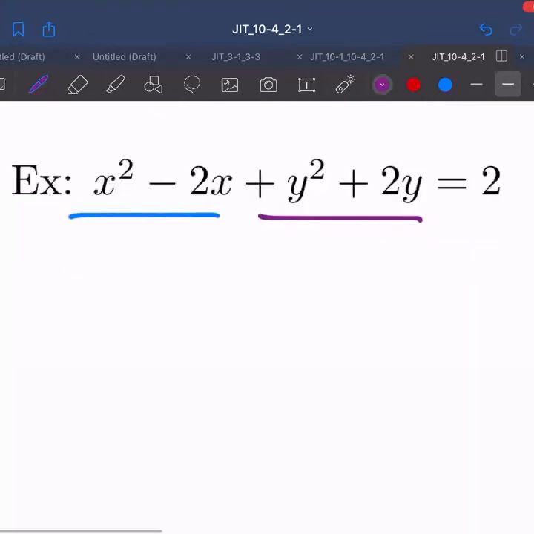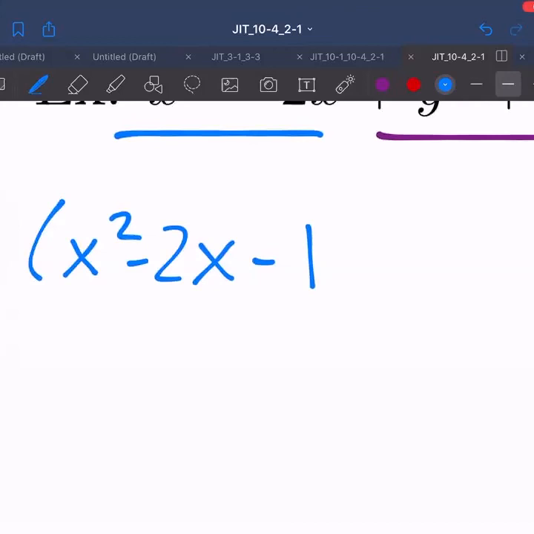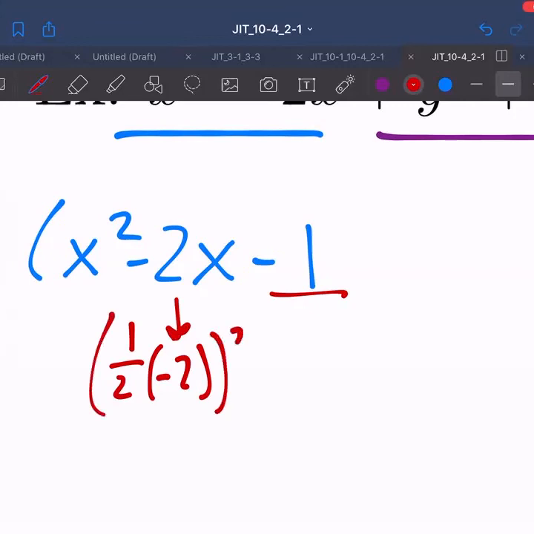So we'll do the x terms first. I've got x squared minus 2x plus 1, because that 1 comes from 1/2 of negative 2, squared. That should be a plus 1.